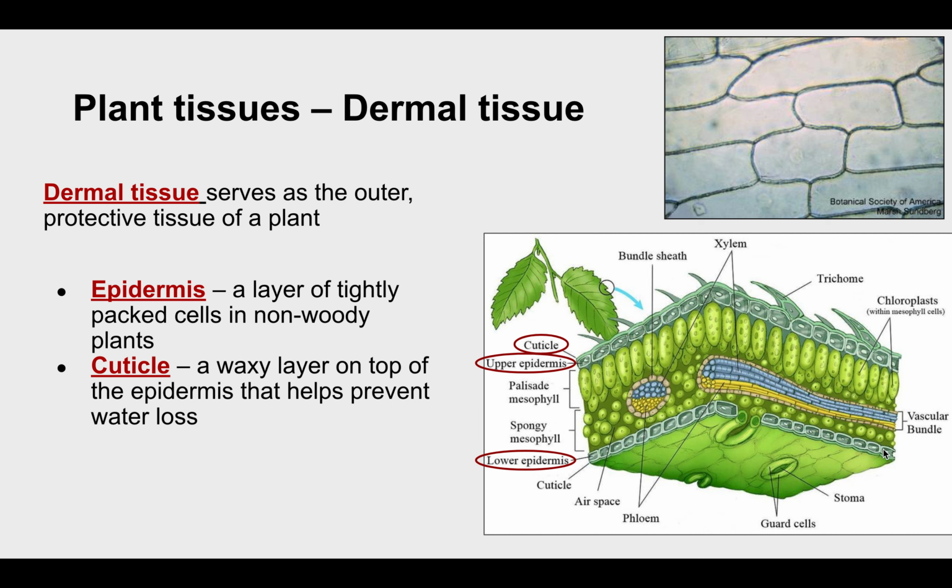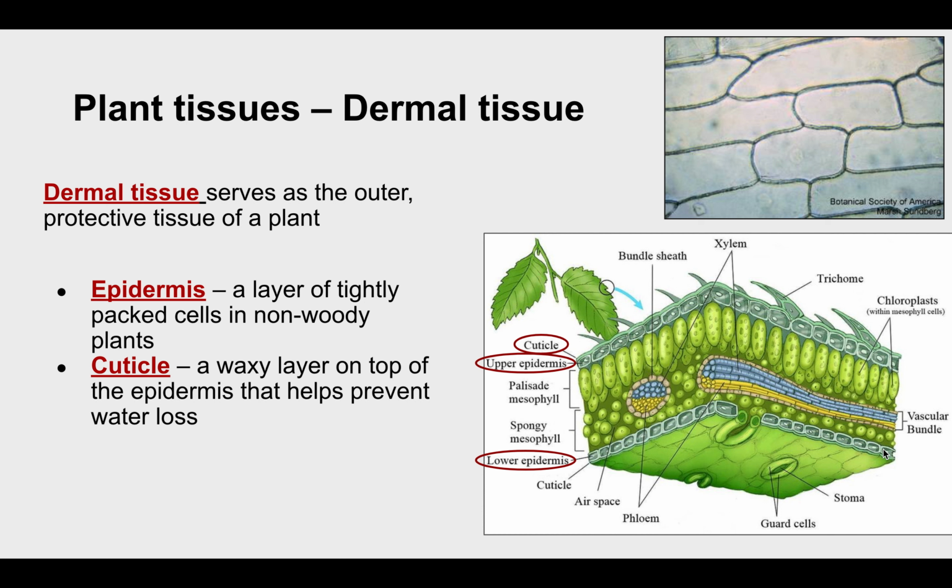So if we look at a leaf, in this case we have basically broken a leaf in half and taken a peek inside of the leaf. So this would be like a cross section here. And the dermal tissues are going to be the tissues that are on the outermost edge of that cross section. Again, kind of the skin of the leaves.